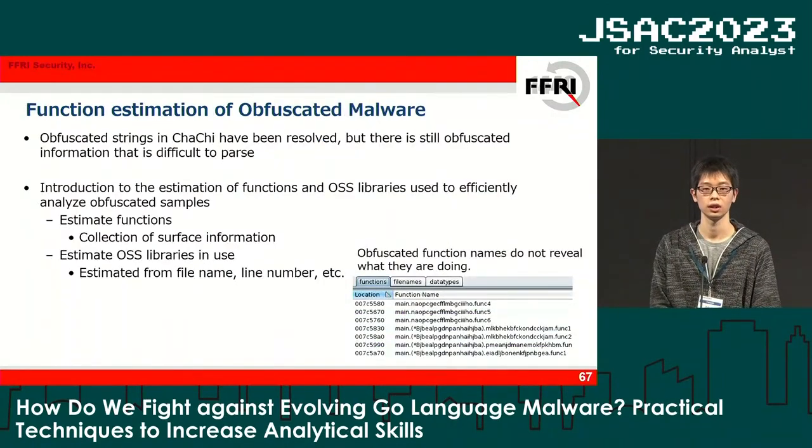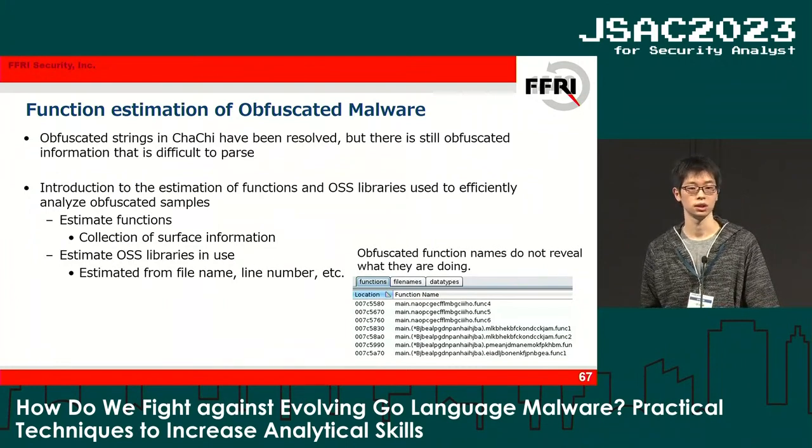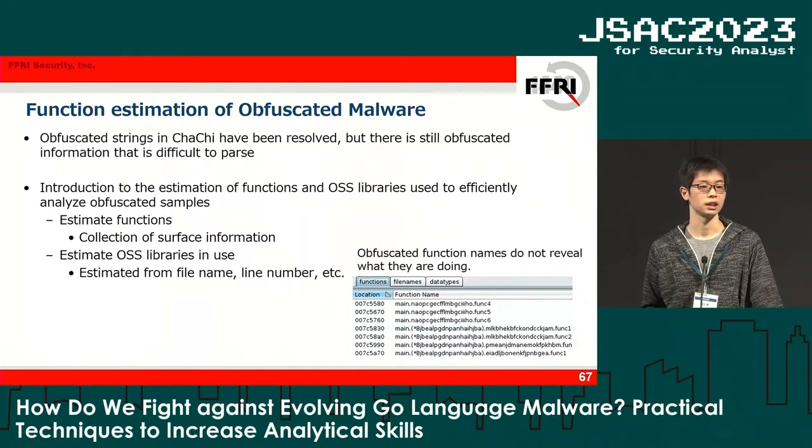Having said that, just removing obfuscation does not make the analysis easy. We have to estimate the function and look at the OSS libraries, find out what is used, and that makes the analysis more efficient.